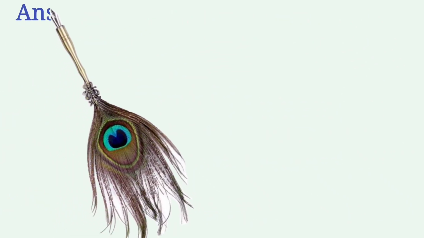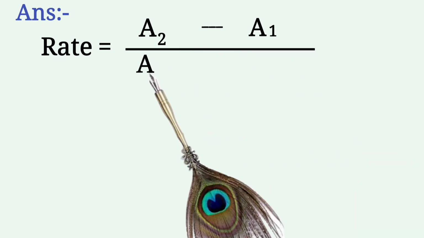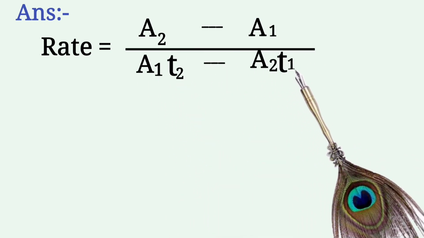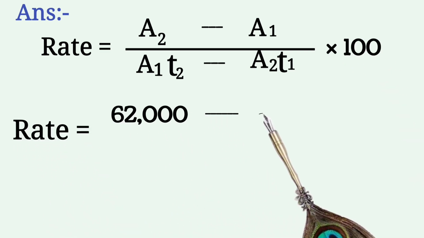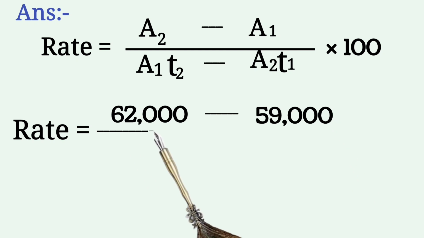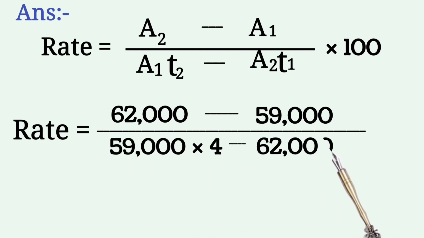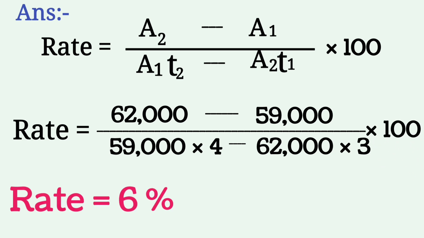Let's move to the solution part, where rate is equal to (A2 minus A1) divided by (A1T2 minus A2T1), multiplied by 100, that is (62,000 minus 59,000) divided by (59,000 into 4 minus 62,000 into 3), multiplied by 100.